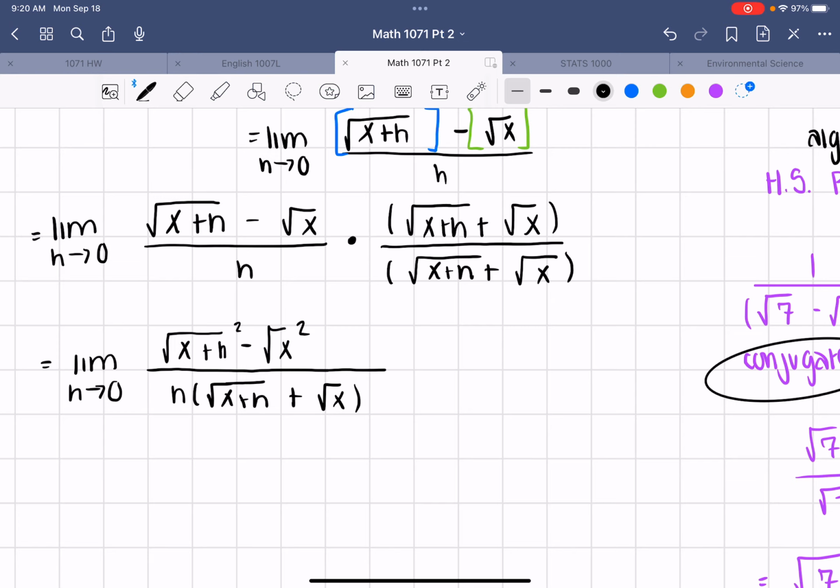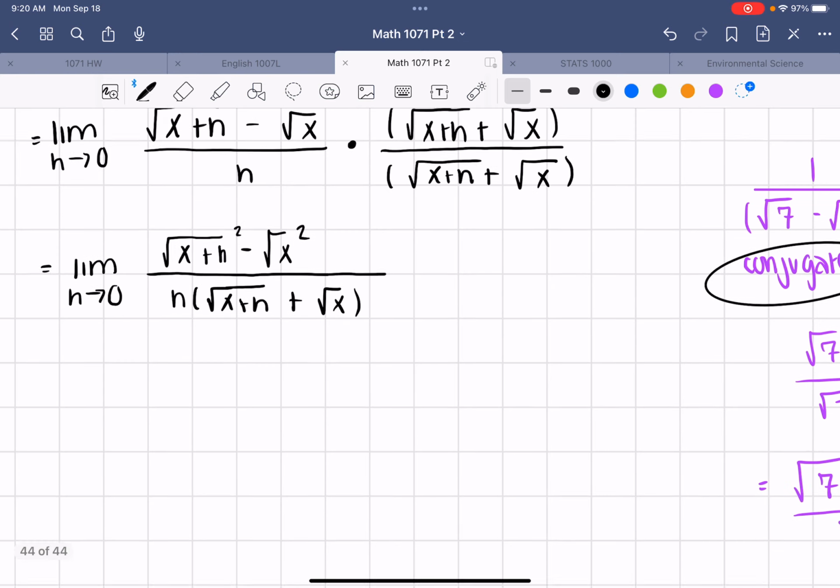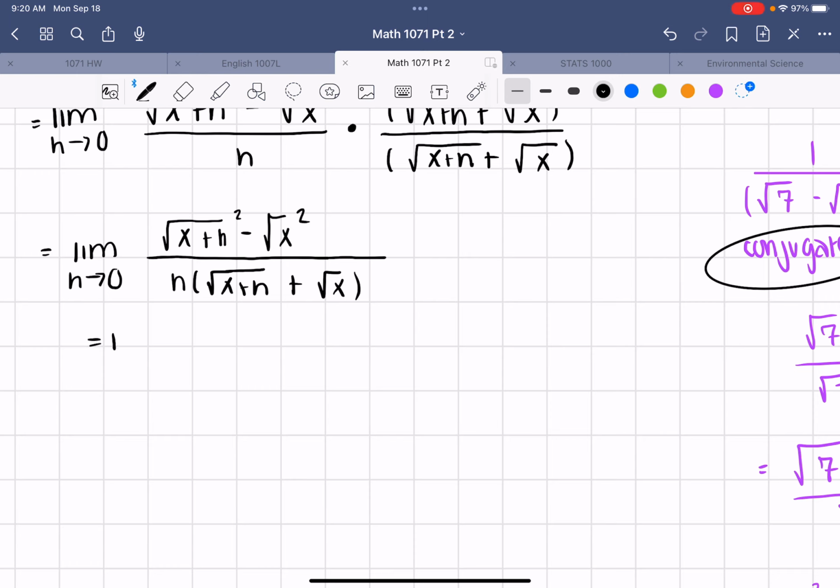You're squaring a root, which is just x, over h times root x plus h plus root x. And now you see nice subtraction. x minus x. So you're just left with an h in the numerator.